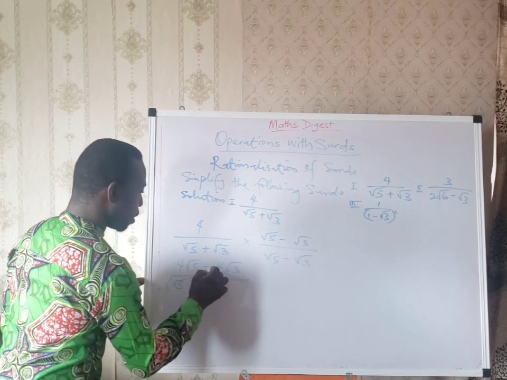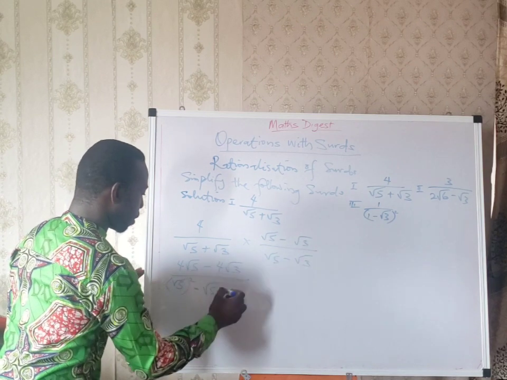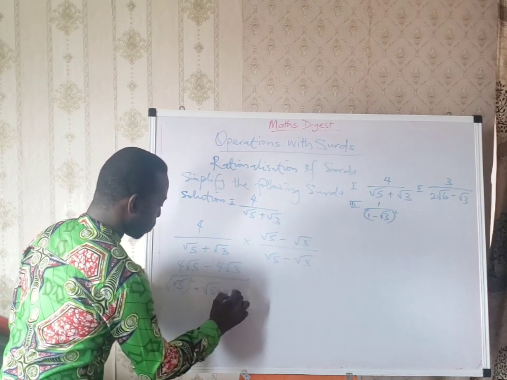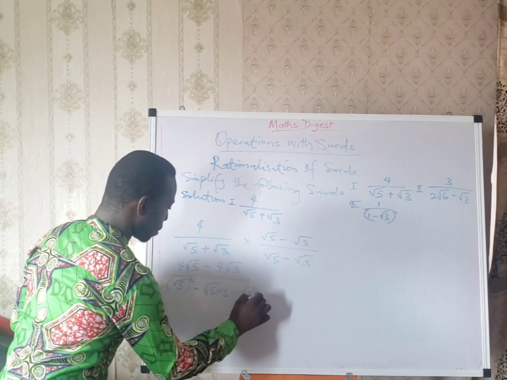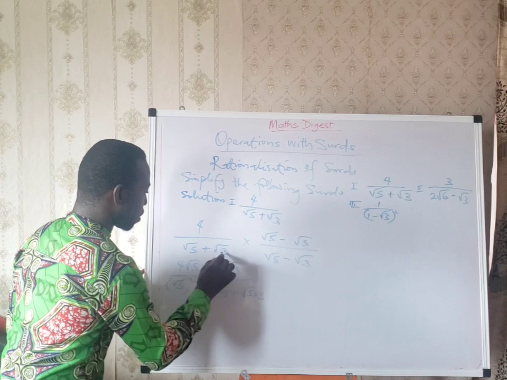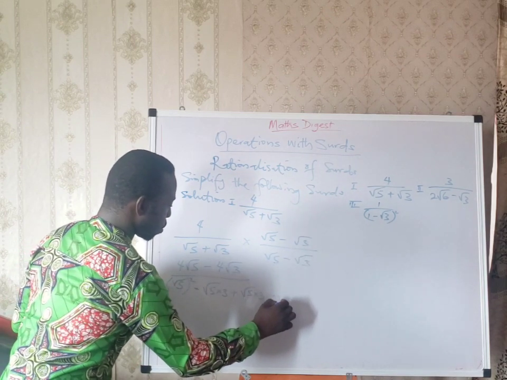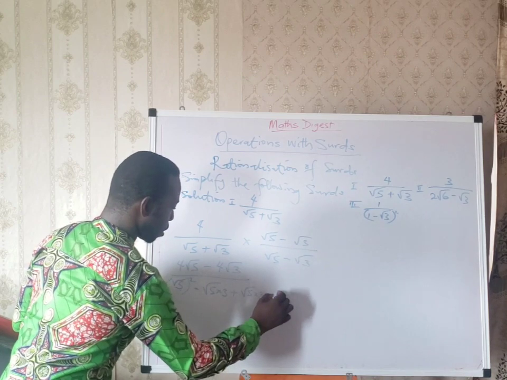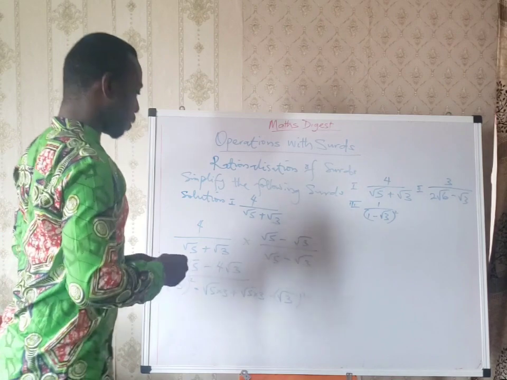And then this plus 3 multiply 5, where we have plus root 5 times 3. Then plus root 3 times minus root 3 will give you minus root 3 raised to power 2.